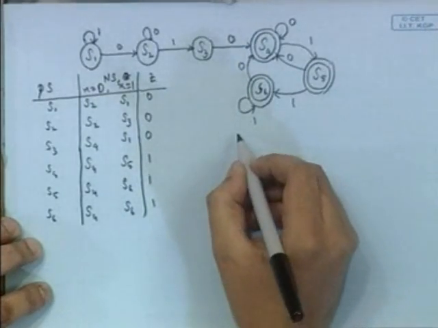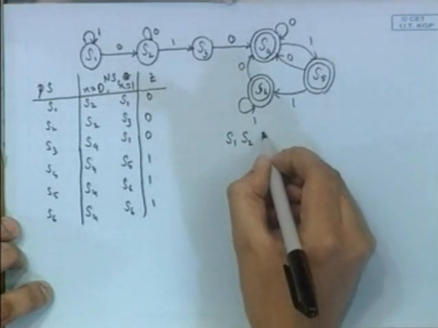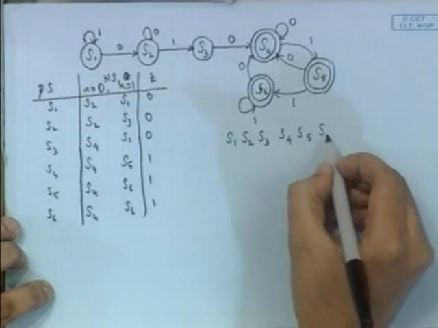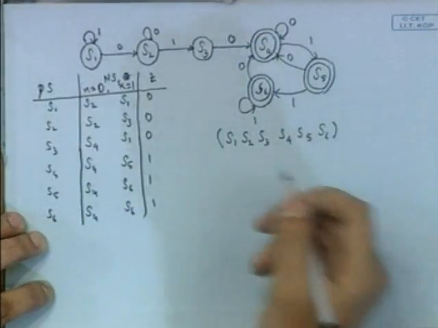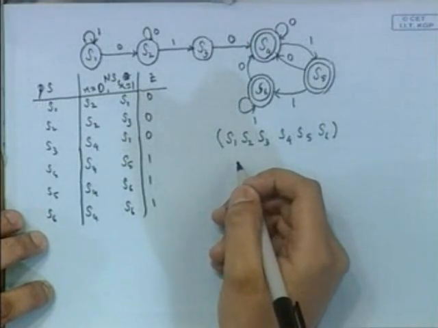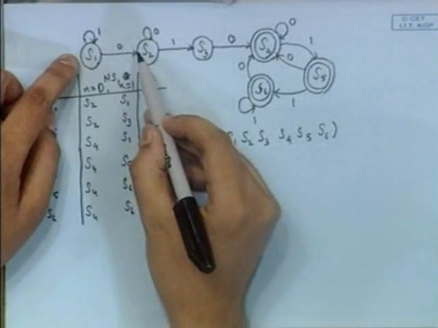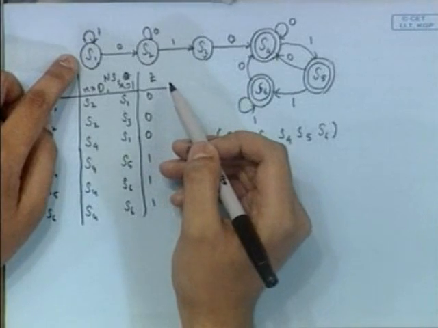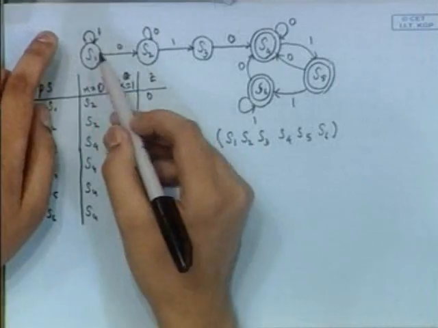Now what will we do? We will do the first approach. First, we put all of them in a single partition. Now, for S1, for 0 input, it is going to S2 and the output remains 0.